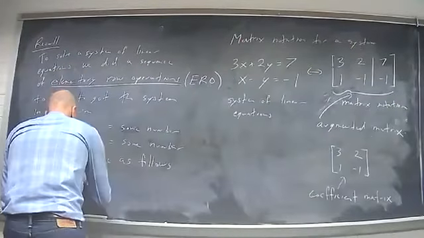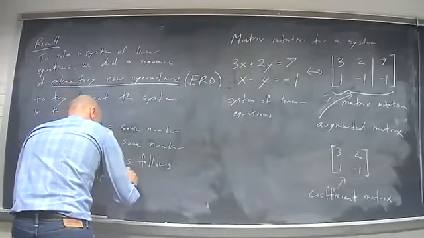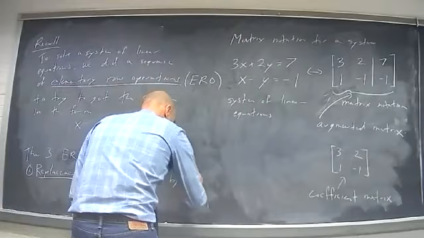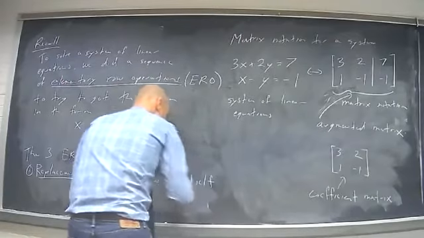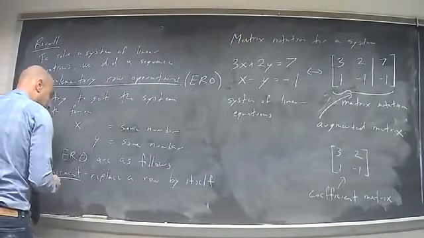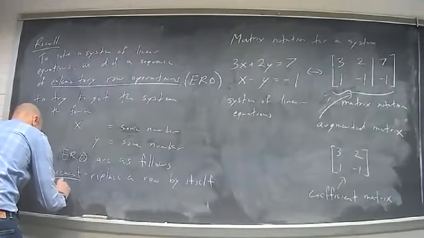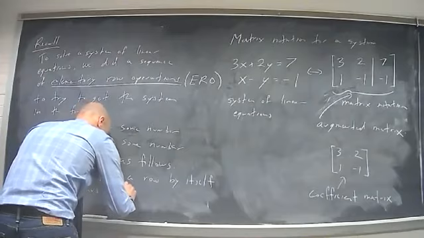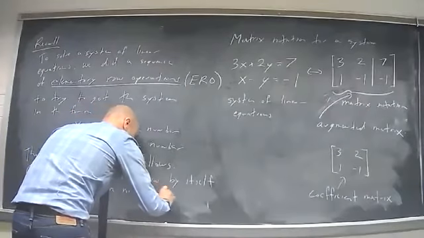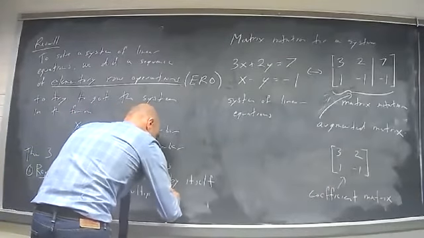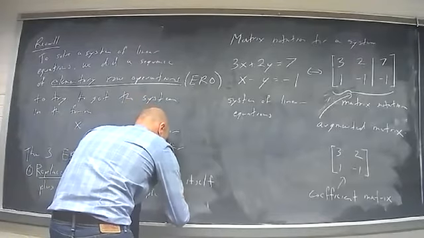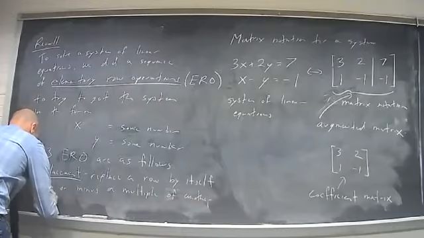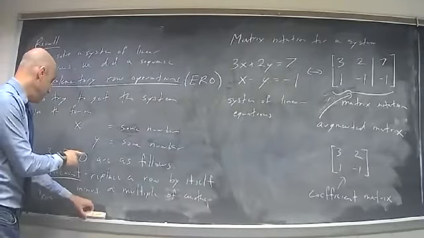Replace a row by itself plus or minus a multiple of another row. That's probably the easiest one to get wrong.